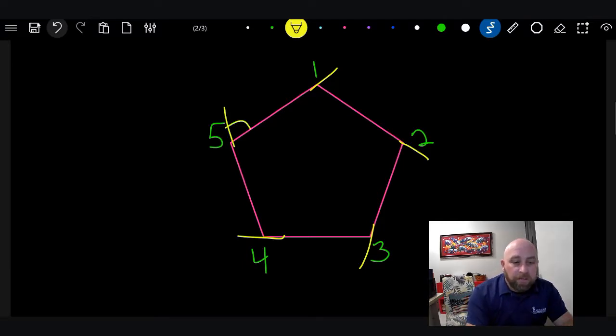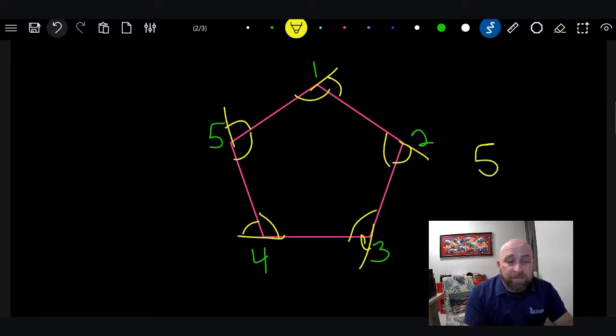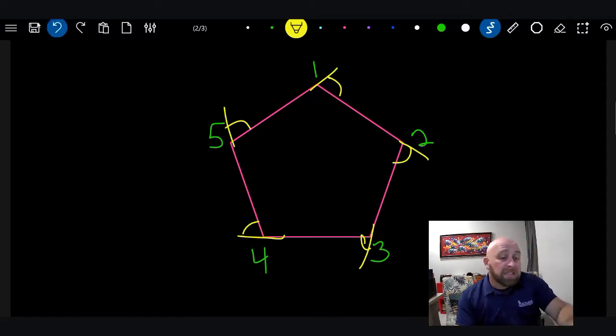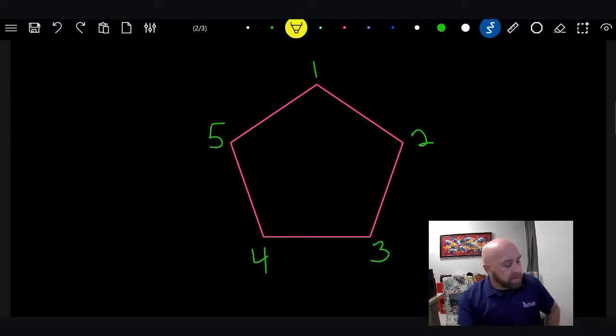So if we count this one, this one, this one, this one, and this one, there's 5 exterior angles there. And we count all of the interior angles right here, we are going to come up with 5 straight angles. 5 180s, if you will. Okay, so that's an interesting thing. Not that big of a deal, but we'll connect on that here in just a second.